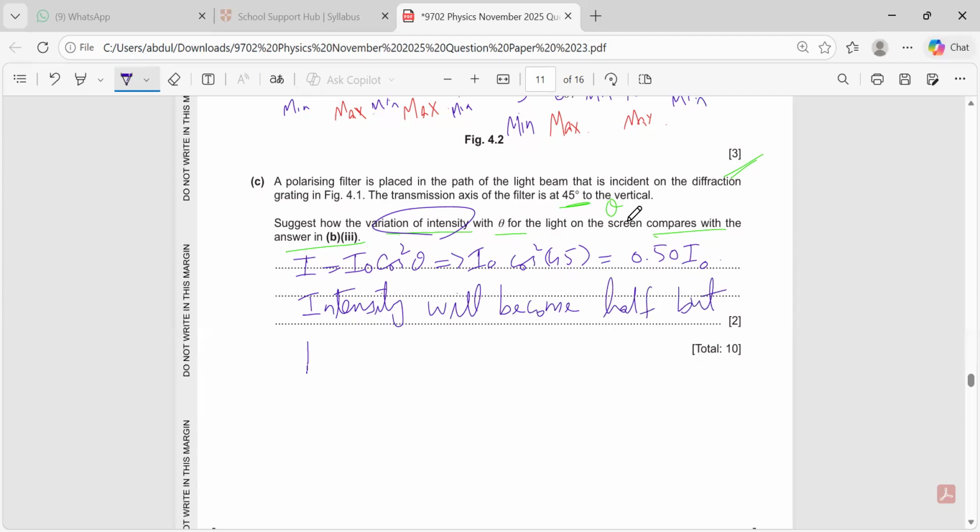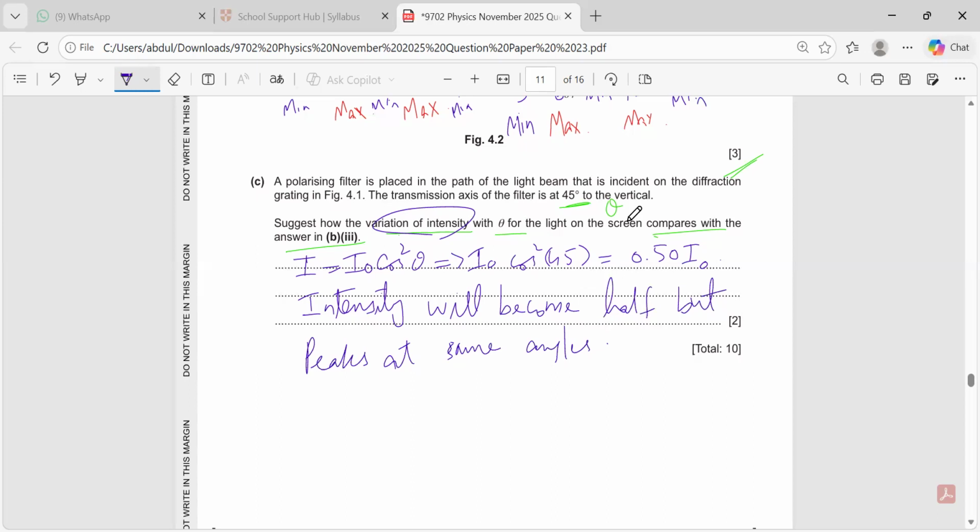But peaks will be at the same angles. You know why? Peaks mean where there are these constructive interferences, so the path difference is n lambda, and in terms of angles, that can be 0, 180, 360, like this.